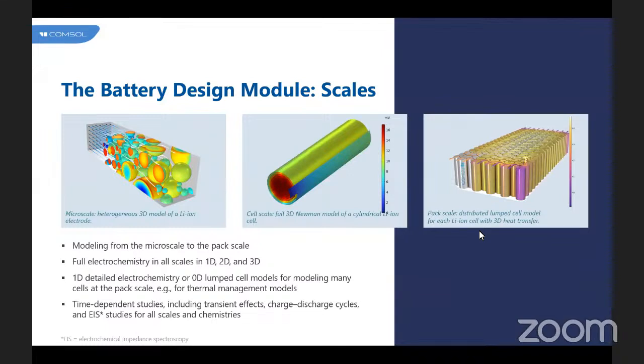And third is the battery pack, where different cells are connected, and you can do different types of flow and heat analysis, assuming the electrochemical heat source. So these are different scales which are all possible in different tools. The different tools have different capabilities. Right now this presentation is tailored for COMSOL, so at least in COMSOL you can model micro scale, cell scale, and pack scale simulations.